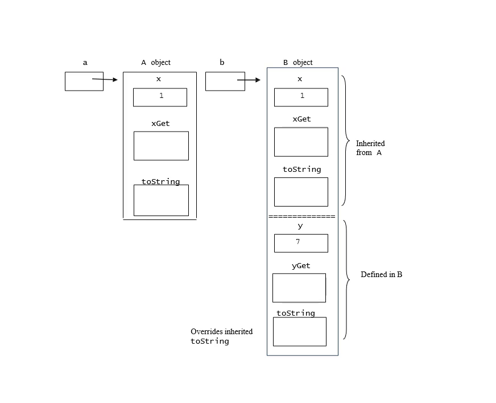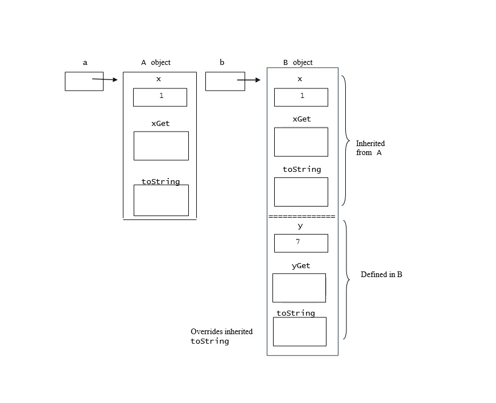Okay. But we also get extra stuff that we defined in the B class. If you look back at the previous slide, you'll see that we had a Y instance variable and we had a getY method, neither of which was inherited.